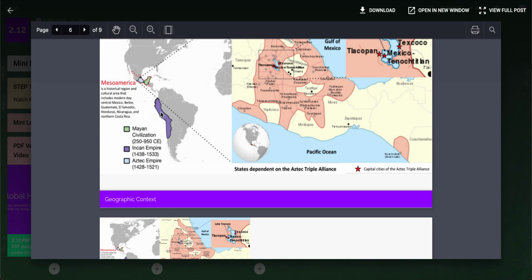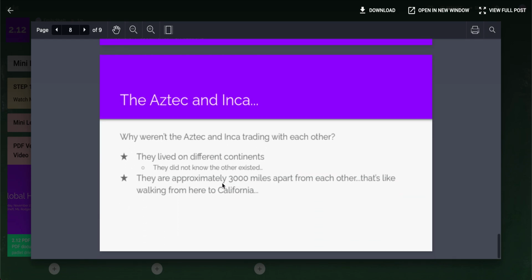And I looked up how long it would take to go from Mexico City to Machu Picchu, which are basically the capitals of these two empires, and it's about 3,000 miles. So that would be like us going from New York City to California. That's about 3,000 miles. So basically, why weren't the Aztec and the Inca trading with each other? It's because they lived on different continents.